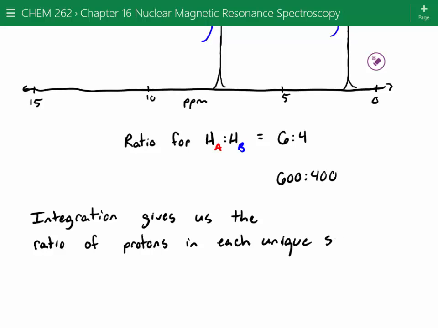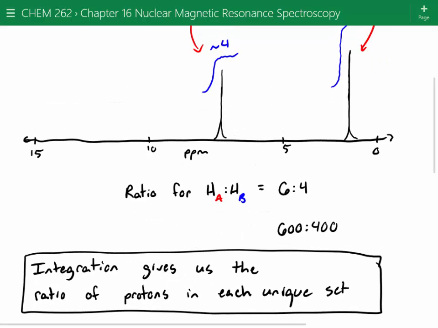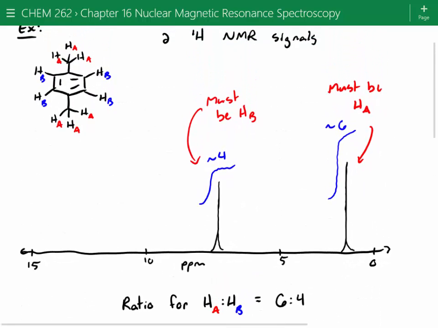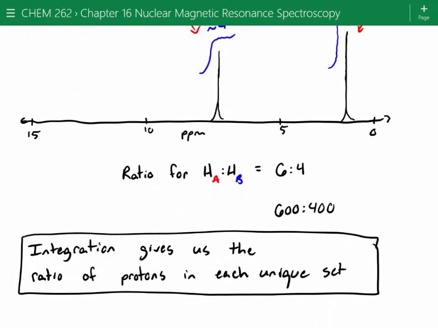Pretty simple concept, but it's really, really valuable, right? So just from this example spectrum that we drew up here, we've already identified which signals belong to which protons, right? So very valuable tool. Are there any questions with integration? No? All right, so that's one of the easiest ones.